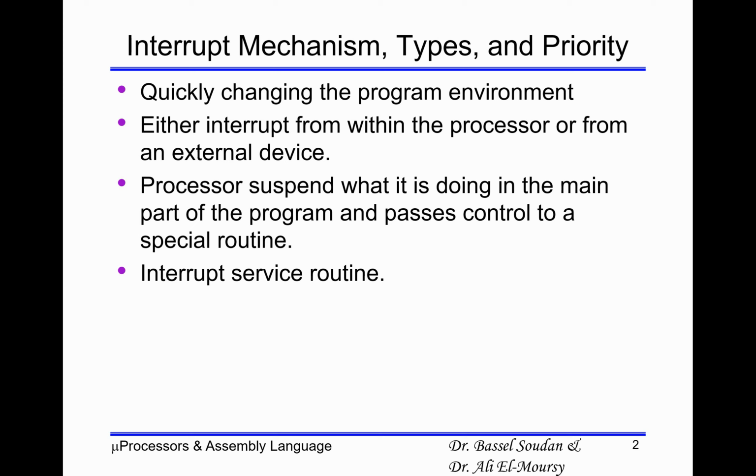So technically what happens inside the microprocessor to be interrupted is to change its execution from the current program to another program, or rather, we don't call it a program, we call it a routine. And for the interrupts we call it an interrupt service routine. This is what is shown here in slide number 2.